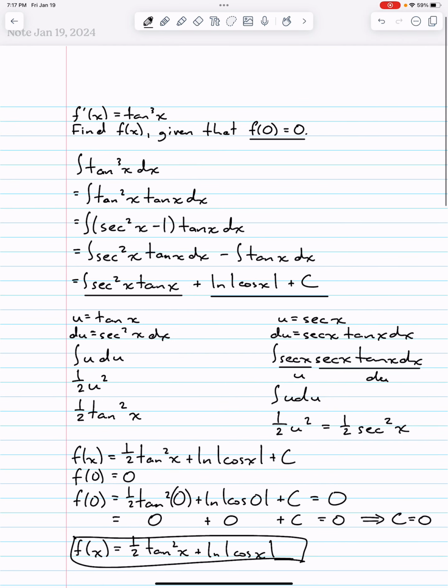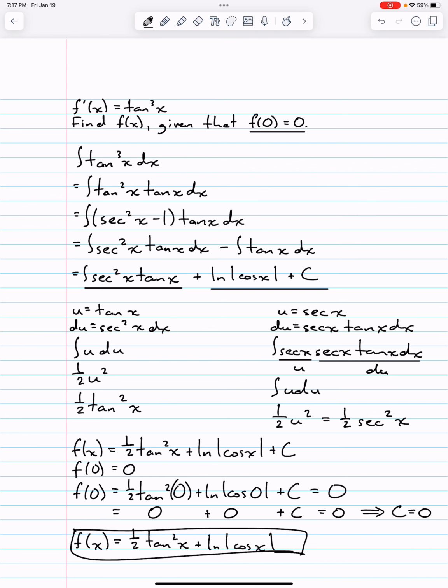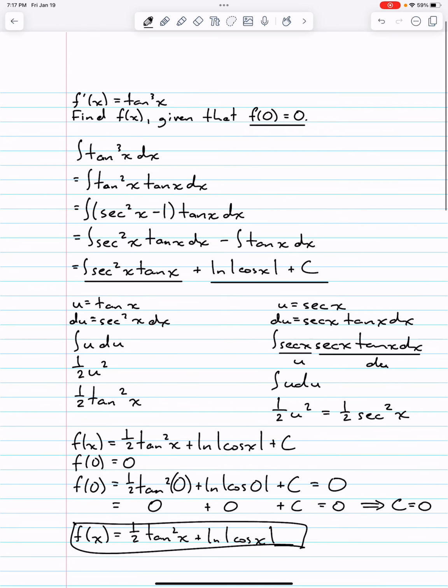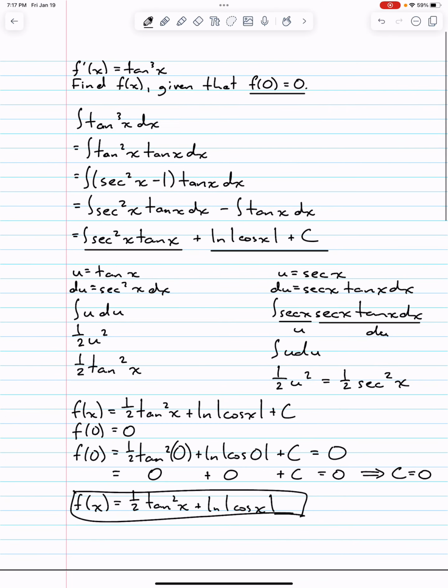We're going to have a choice later on, but right now what we have in common is that no matter how we want to integrate tangent cubed of x, we're going to have to take a tangent squared and rewrite that as secant squared of x minus 1.